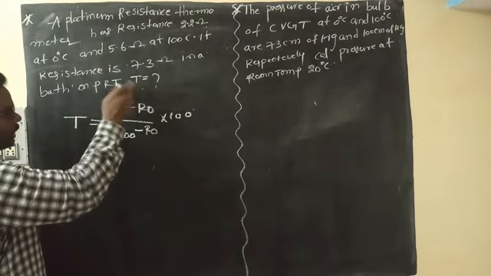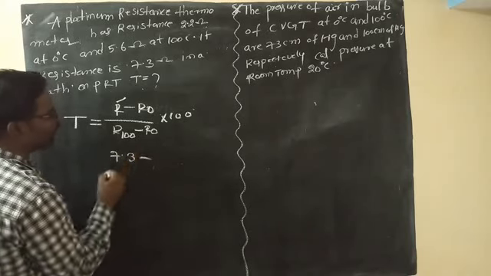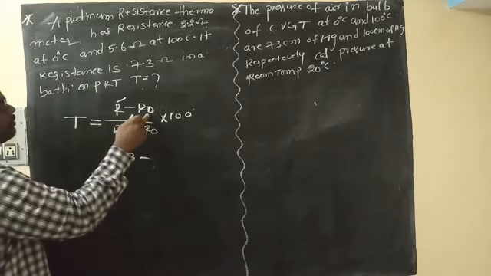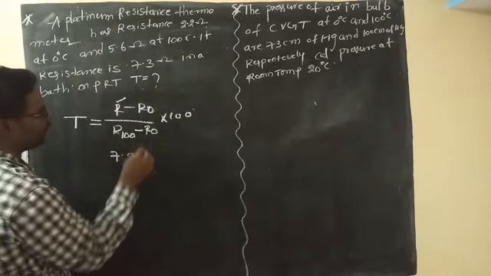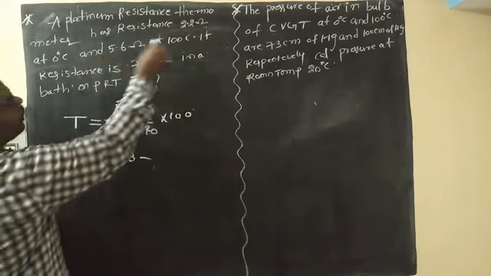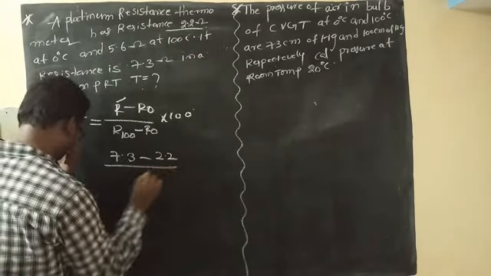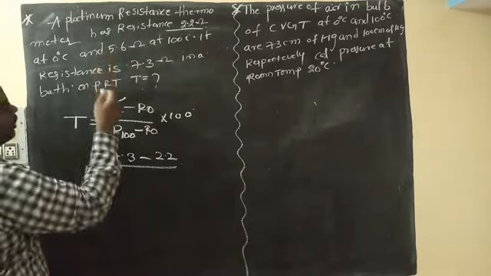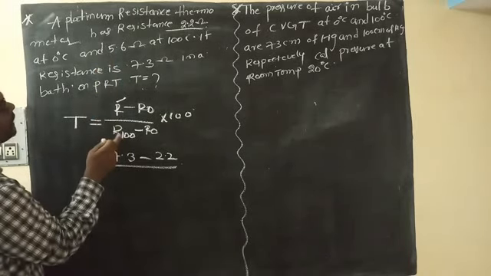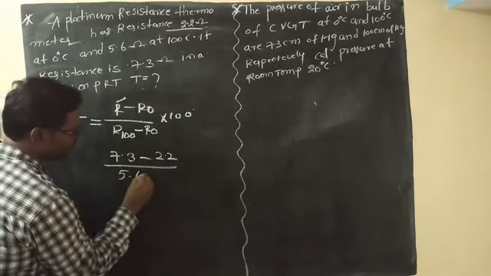So at a temperature T, that is 7.3 minus initial resistance of the platinum resistance thermometer, that is R naught value, 2.2 ohm, by, so here resistance at 100 degrees Celsius, that is 5.6.